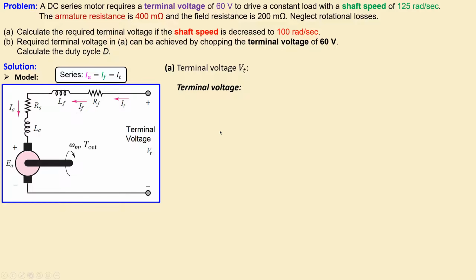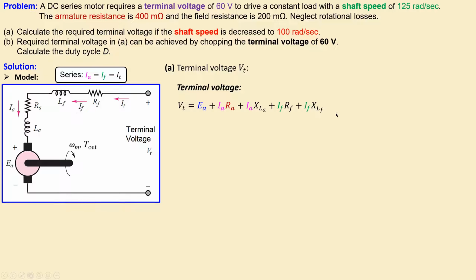Now we start with the terminal voltage equation. In this case we can use Kirchhoff's voltage law and set up this equation. The voltage across these two nodes is equal to the summation of the voltages across each of these elements: the voltage across RF, the voltage across the inductor LF, the voltage across RA, which is the armature resistance, the voltage across the armature inductor, and also the back EMF.